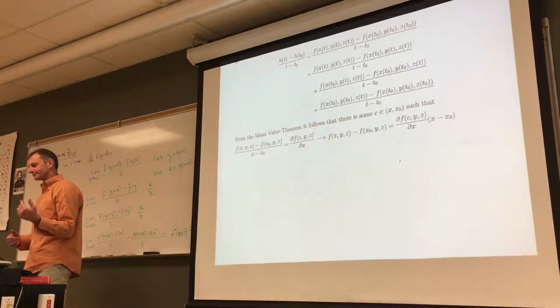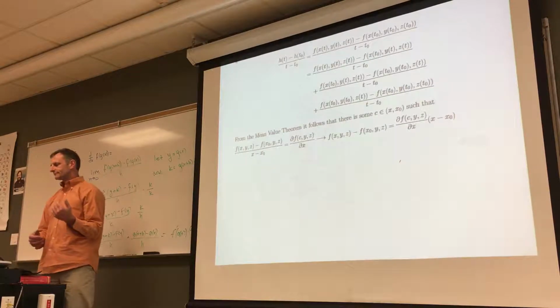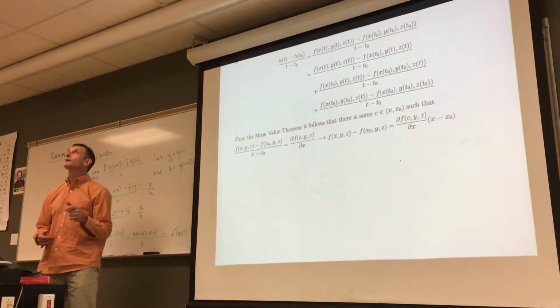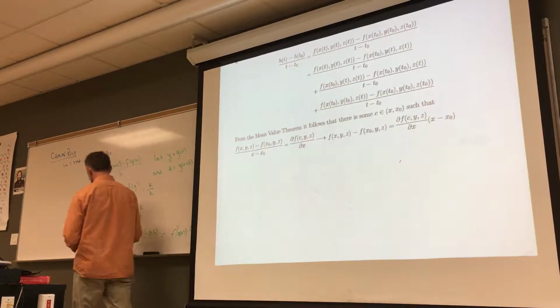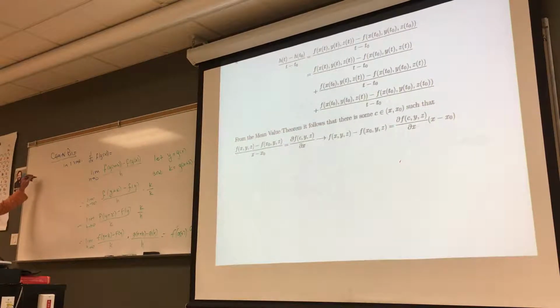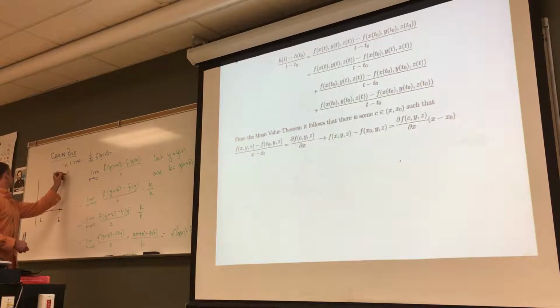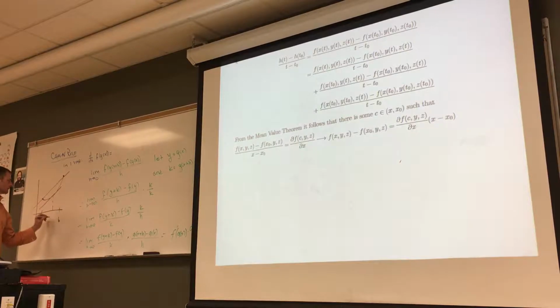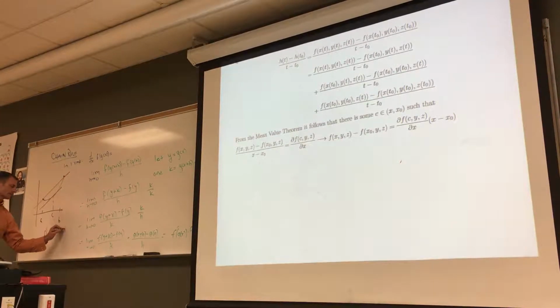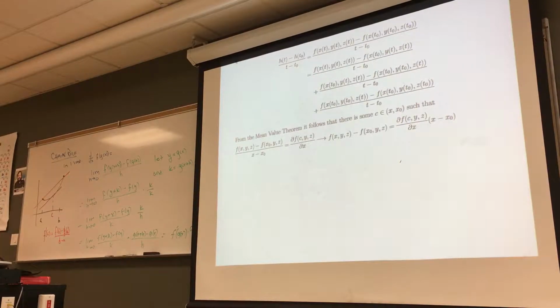And then if you go back to Calc 1 and you visit the mean value theorem, mean value theorem is the one that says if you have a continuous function that's differentiable on the open interval, then if I connect the values, we get the first and last values on the closed interval, mean value theorem guarantees me at least one point in the open interval, right, where my instantaneous rate of change matches my average rate of change.